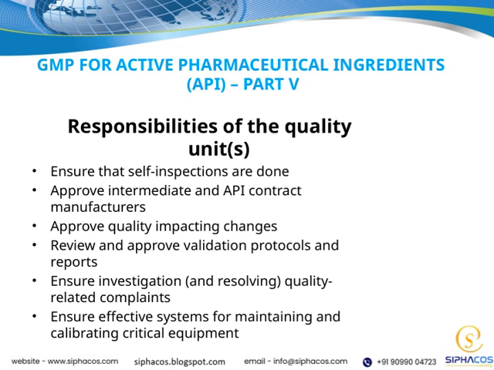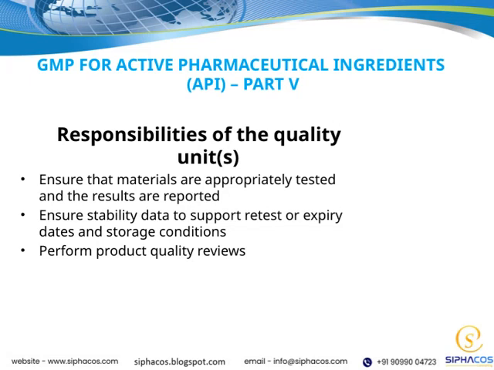Proper calibration and maintenance are fundamental to producing APIs that meet quality requirements consistently. All these responsibilities collectively support our overall goal of maintaining high-quality standards in active pharmaceutical ingredients, ensuring safety and efficacy for patients.